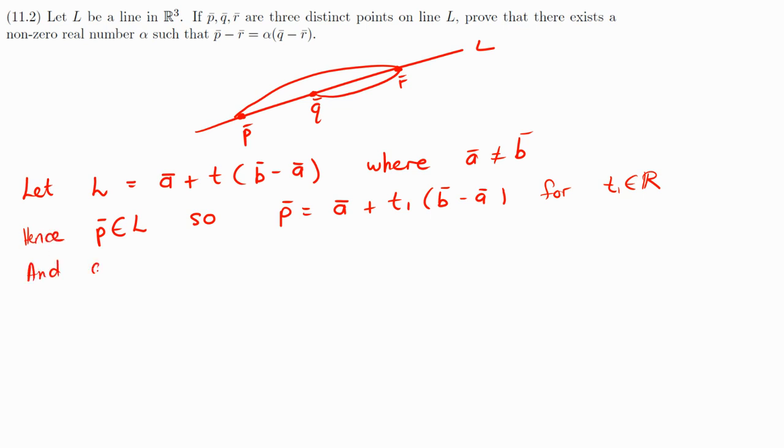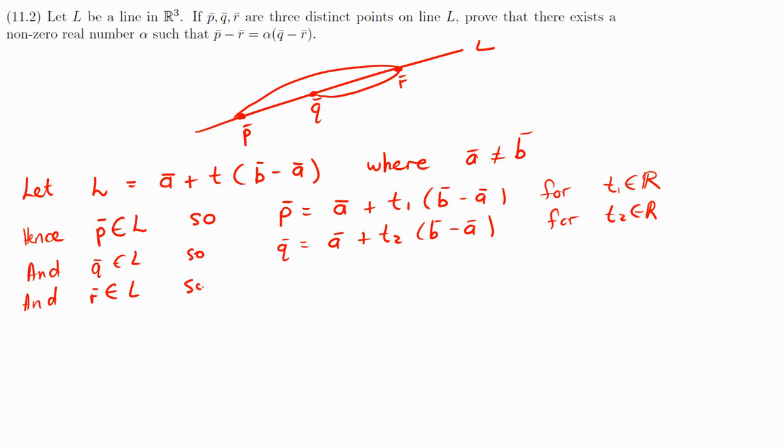And Q is an element of L. So Q is equal to A plus T2 (B minus A), for T2 an element of the reals. And also we said R is an element of L. So R is equal to A plus T3 (B minus A), for T3 an element of the reals.